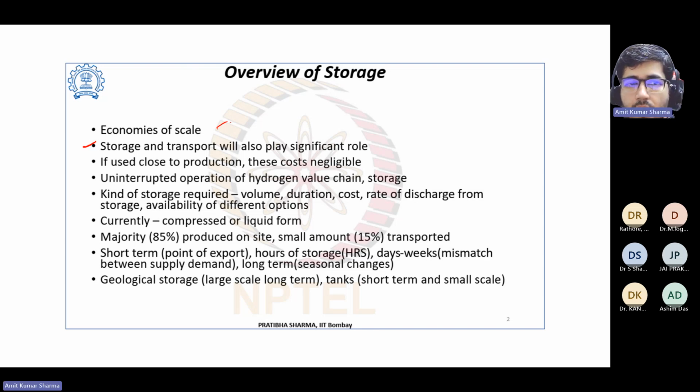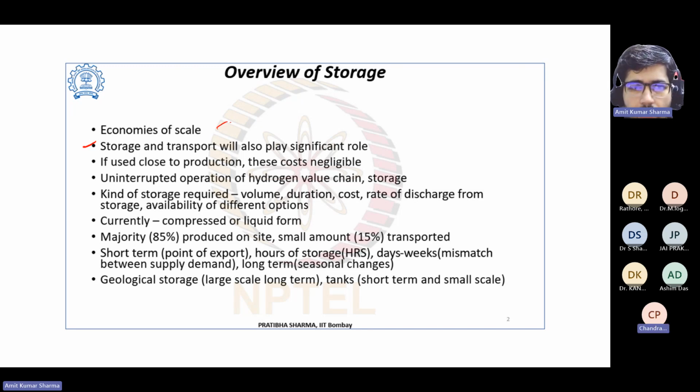If you are using the hydrogen near the production point, then obviously your transportation cost is very minimal, so you can bring down the net cost. The storage should be sufficient so that we can have an uninterrupted hydrogen value chain.